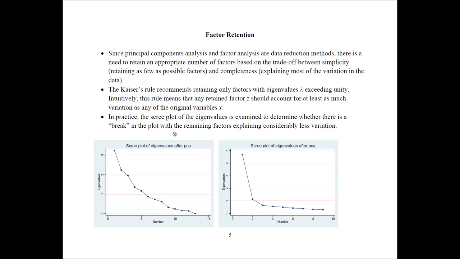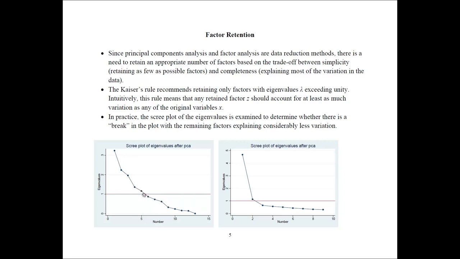This is a tool called a scree plot, where we can examine the eigenvalues after PCA and see how many to retain. In this example, the first principal component has an eigenvalue of 3 point something, then 2 point something, about 2, and then just above 1, and so on. And this is the 1.